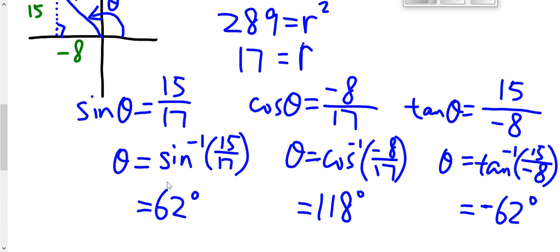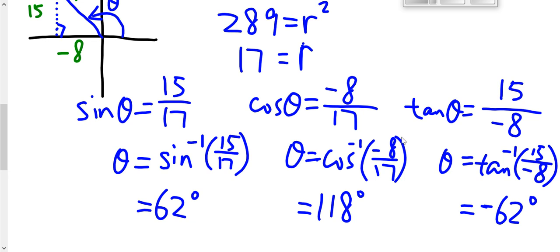But when you look at the actual value, if you're using sine to find the angle, that gives you 62 degrees. If you're using cosine, that gives you 118 degrees. If you're using tangent, that gives you negative 62 degrees. Wait a second, we are talking about the same angle. How come these numbers are not the same? And even worse, they are all over the place.